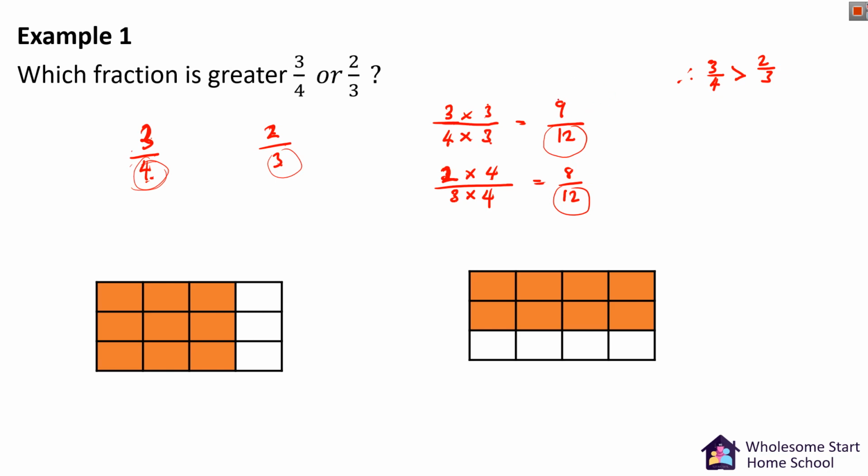So this one gives us 9 over 12, while this one gives us 8 over 12. So we show that 9 over 12 is greater than 8 over 12. If you score 9 out of 12 and somebody has scored 8 out of 12, who scored highest? The one who scored 9. So that means that 3 over 4 is greater than 2 over 3.